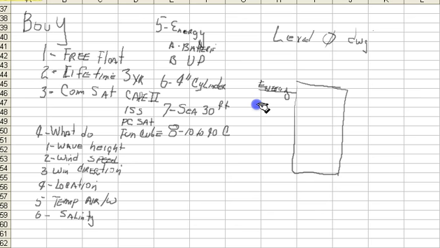And then the sensor data: the wave height and direction, the wind speed, the location, the GPS location, the temperatures, both the air and the water, and the salinity.